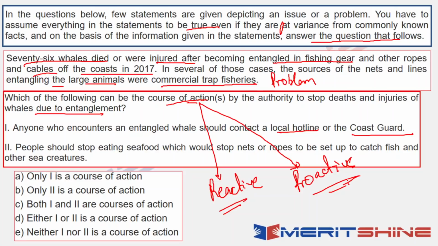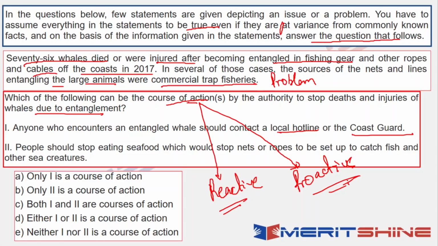So, if that problem does not exist, you will not be required to be reactive later on. Okay, simple, if there is flood, giving flood relief is reactive action.